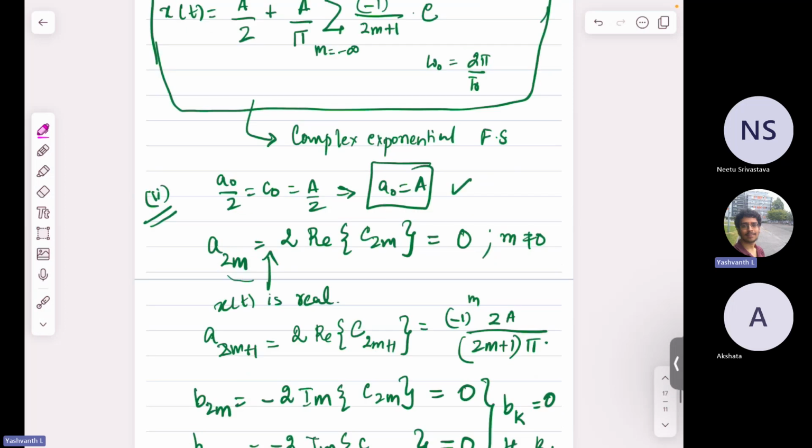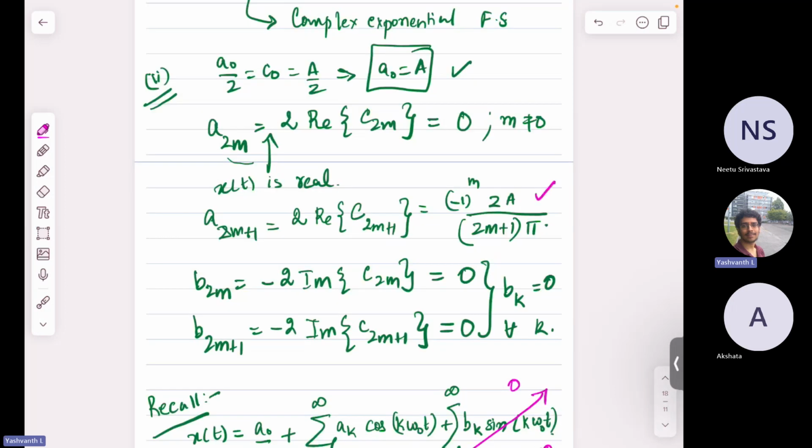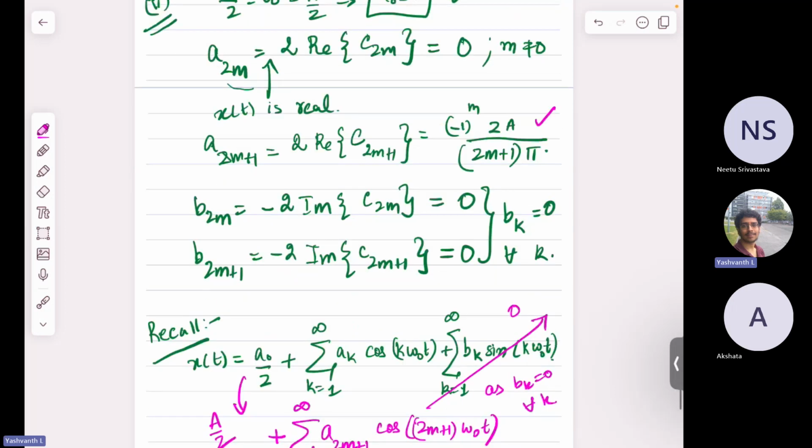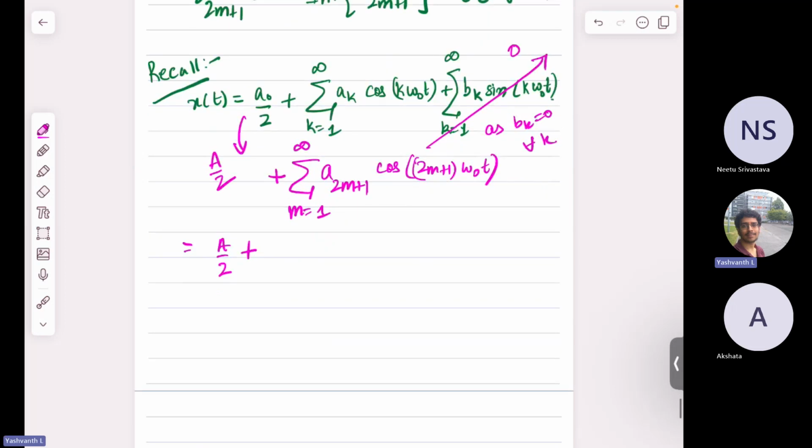Actually, if you write 2m plus 1, I should start from 0. Only then 2 times 0 plus 1 will be equal to a1. You're starting from a1. So m equal to 0 to infinity.